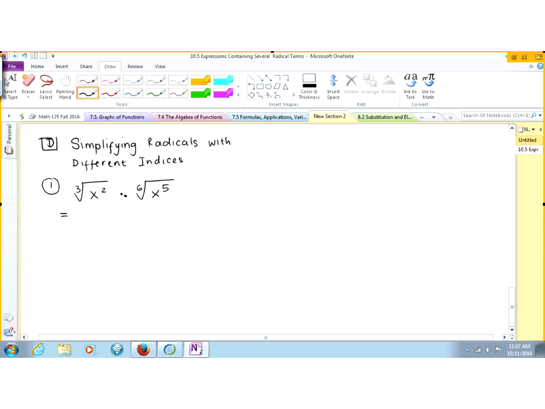Because both have x. If I have cube root of 2 times 5th root of 3, what can I do? Nothing. However, this is x and this is x. We could do something about it. So here, nothing to do. We're done. That's your answer. You cannot simplify unless you use a calculator to approximate. Now, what do you think we will do?